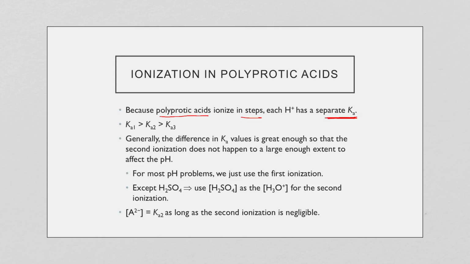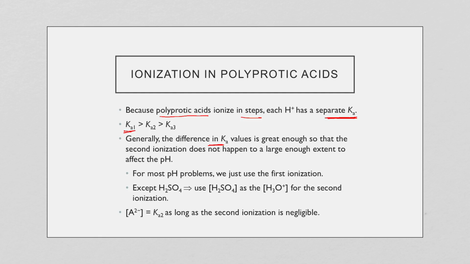Typically, the size of those ionization constants gets smaller and smaller as you lose more and more hydrogens. So the first ionization constant is the largest, the second one is smaller, etc.